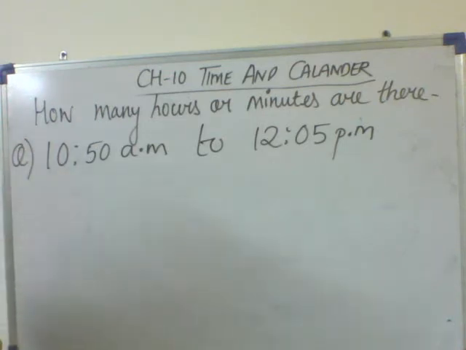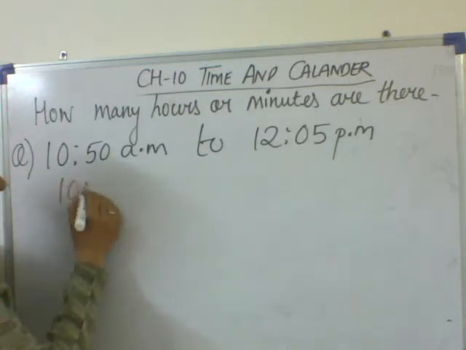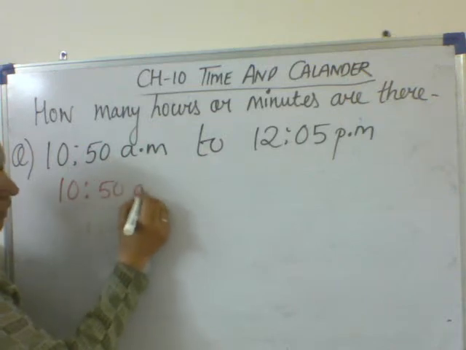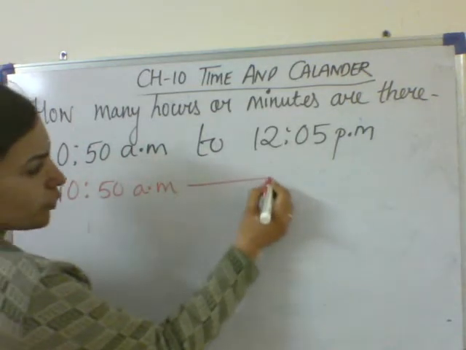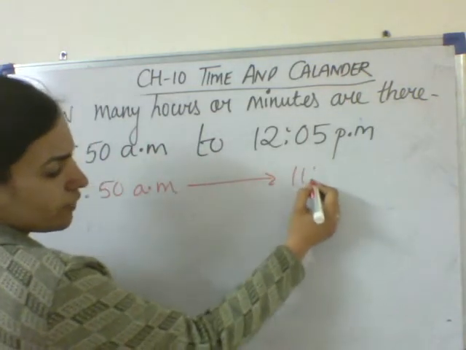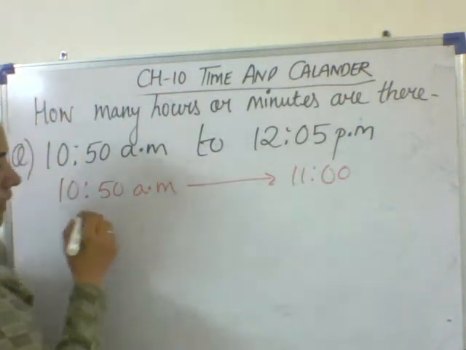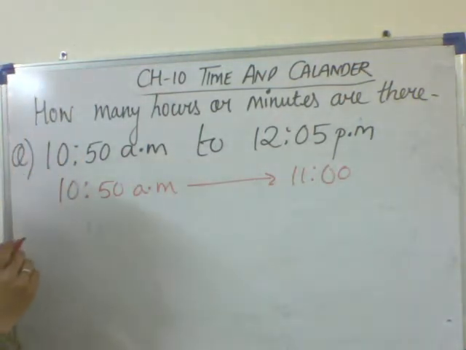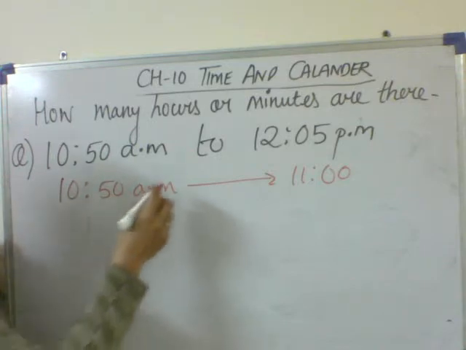Let us solve this. 10:50 a.m. to 11 o'clock, how many minutes are there? 10.